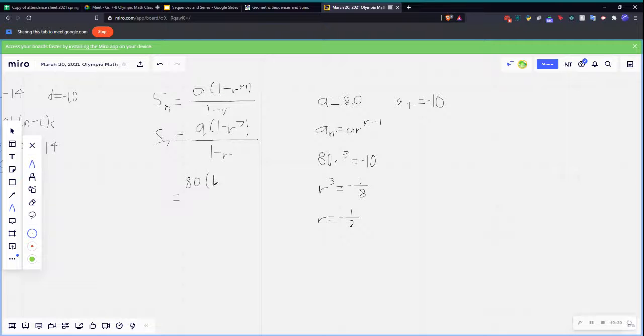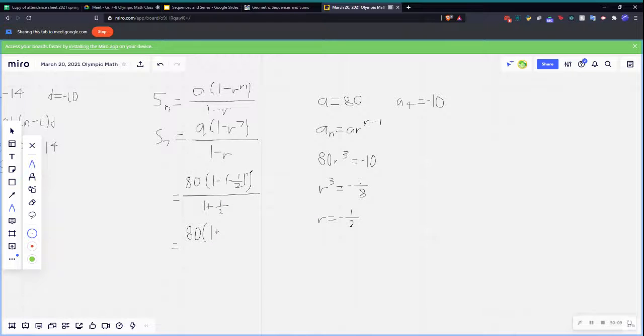So this is just 1 minus negative 1/2, all that to the exponent 7. I just put 1 minus negative 1/2, or 1 plus 1/2, at the bottom here. So this is 80 times 1 plus.